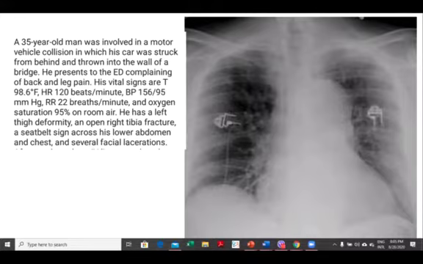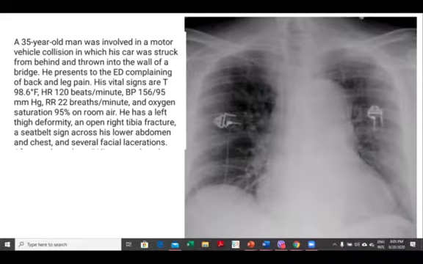This is a 35-year-old man who was involved in a motor vehicle collision in which his car was struck from behind and thrown into the wall of a bridge. He presented to ED complaining of back and leg pain. Temperature normal, heart rate 120, blood pressure 156 by 95, respiratory rate 22, saturation 95.